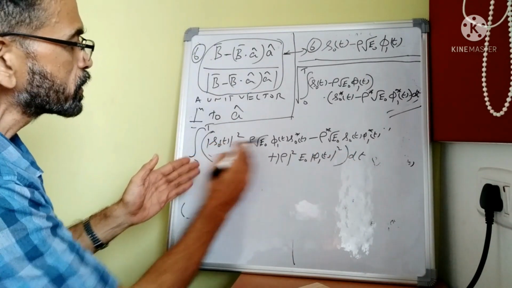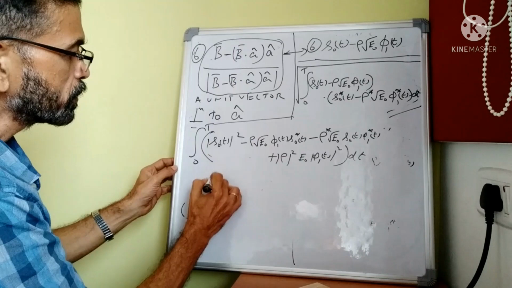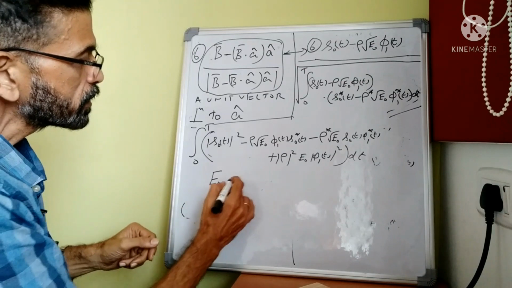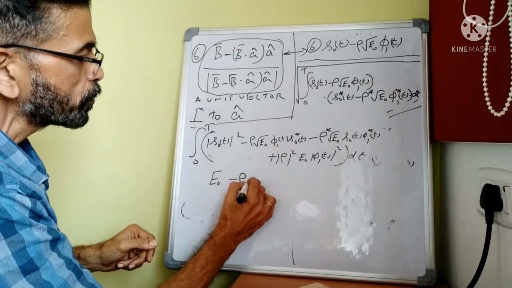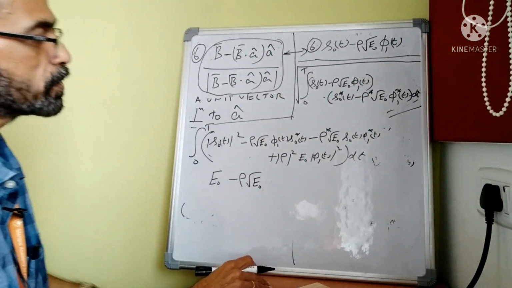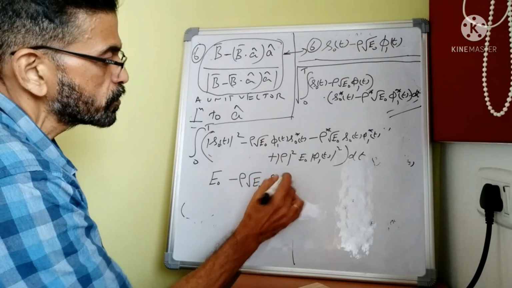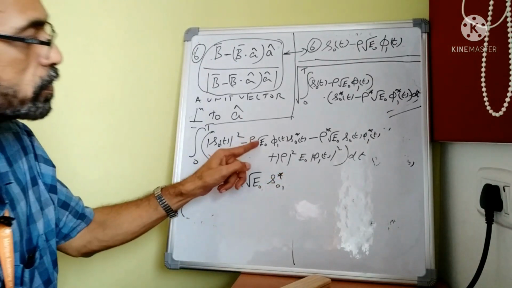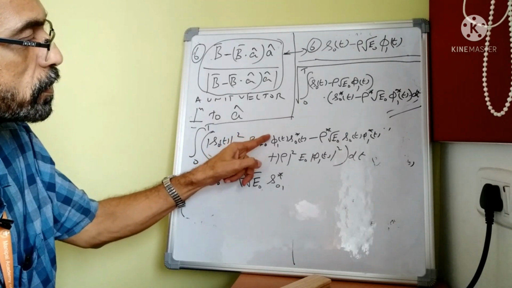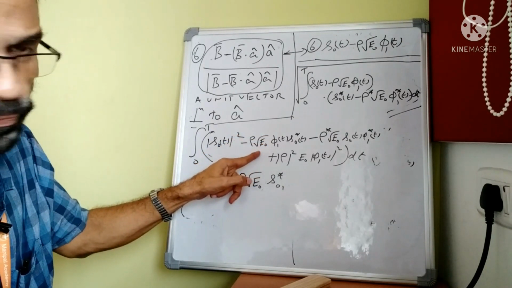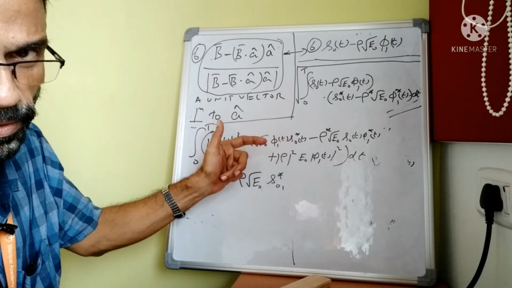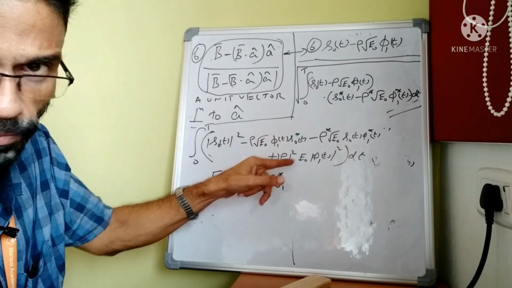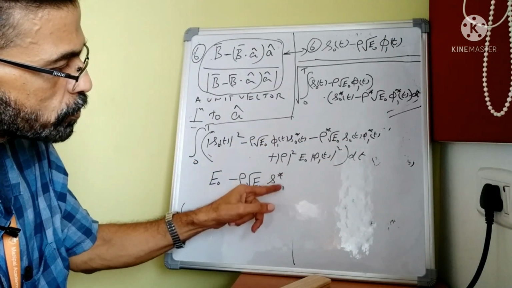Now when we integrate this, the first term gives E naught, the energy of s naught(t). The second term gives minus rho root E naught times s01 conjugate, because you have rho root E naught integrate phi 1(t) s naught conjugate(t). If you had done s naught(t) phi 1 conjugate(t), you would have got s01, which we saw a short while ago.